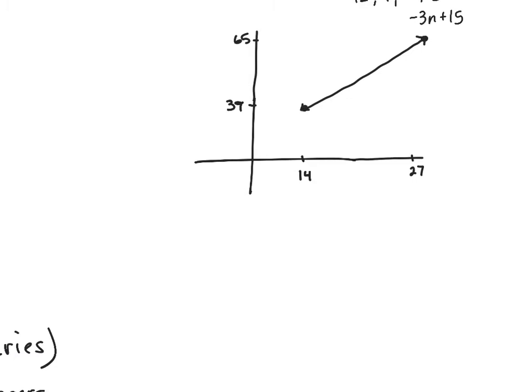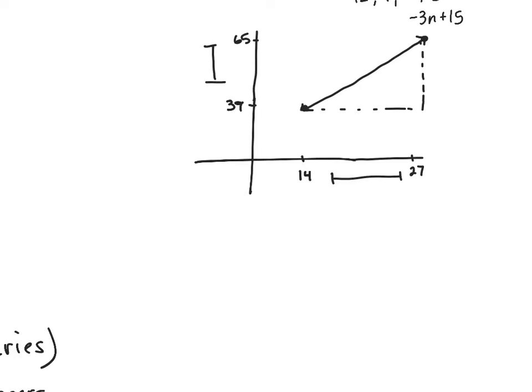And a quick way of finding the slope of the linear function is rise over run, or the difference in y values here divided by the difference in x values. And the reason I'm focusing so much right now on slope, remember slope is synonymous in this case to the common difference. So if we can find the slope, we can find the common difference.